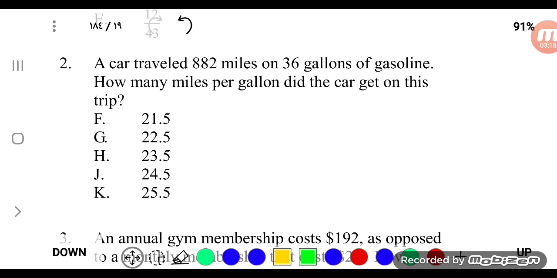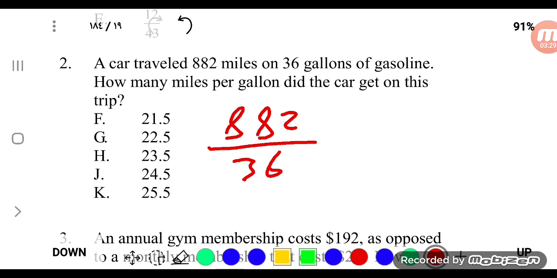Miles per gallon means you have to divide 882 by 36. If you divide 882 by 36, you get 24.5. So the answer is J.